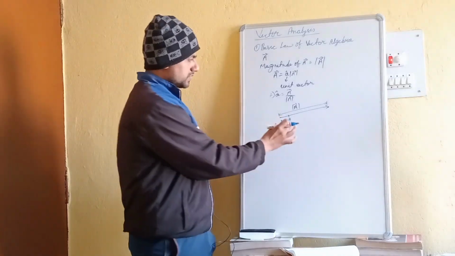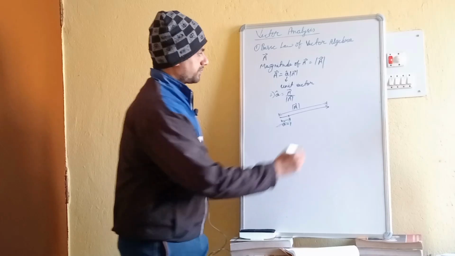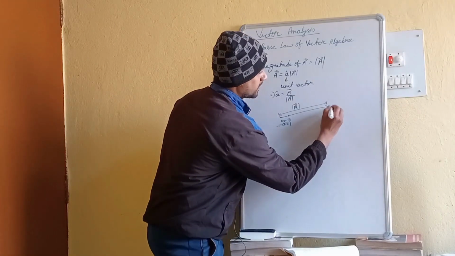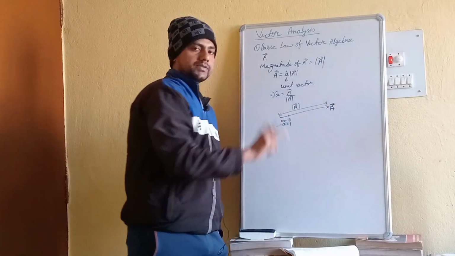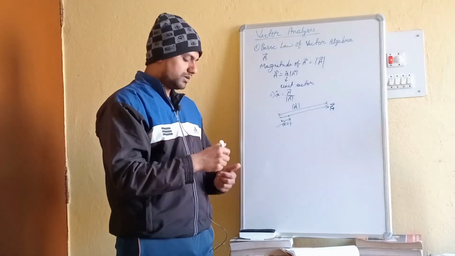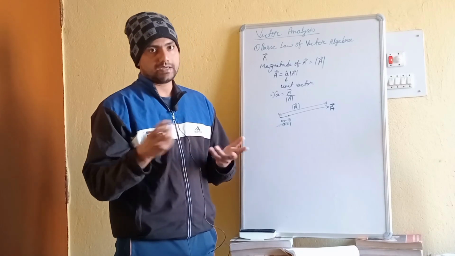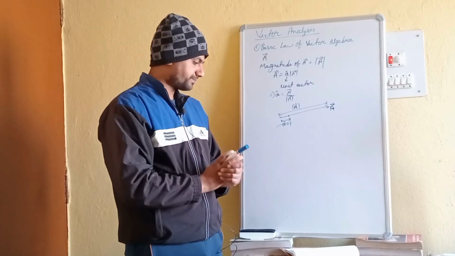The direction of this unit vector will be in the direction of vector A. Whatever the direction of that vector, that will be the direction of the unit vector A cap also.